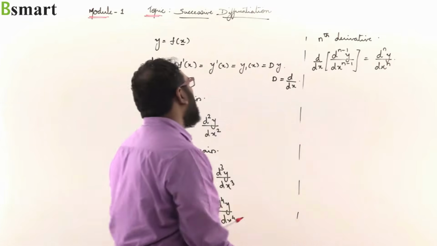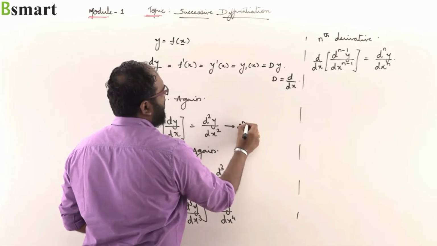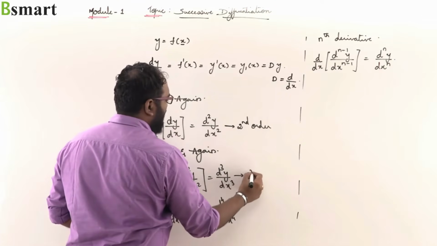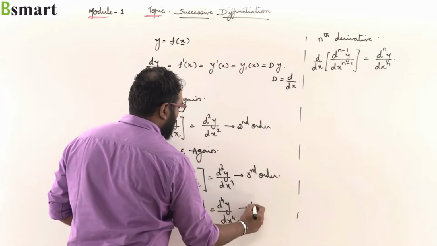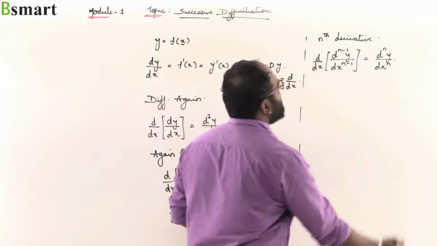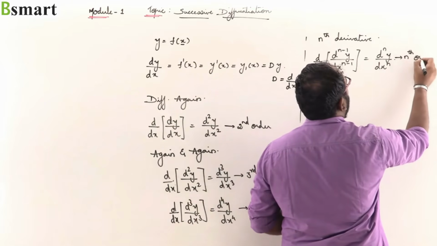We call this one the second order derivative, this one the third order derivative, this one the fourth order derivative, and this one the nth order derivative, or simply the nth derivative.